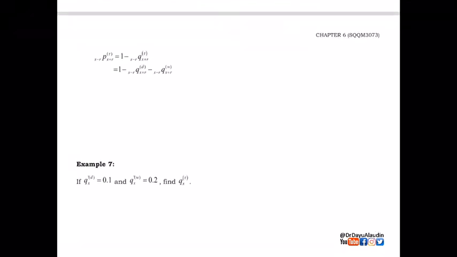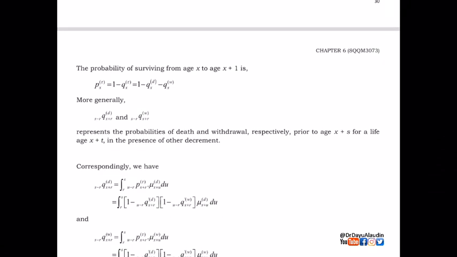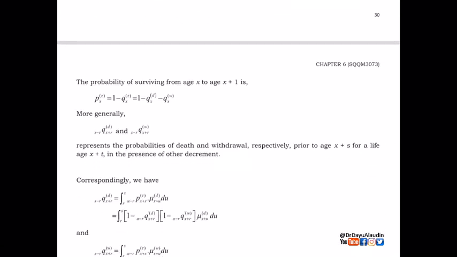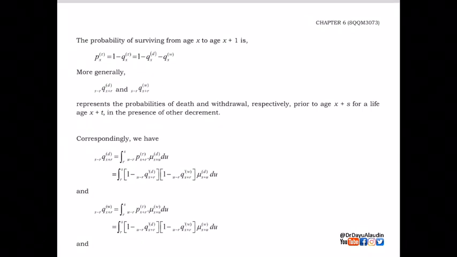So now we will solve... okay, one more important relationship. px^(tau) is equal to tpx for death times tpx for withdrawal.